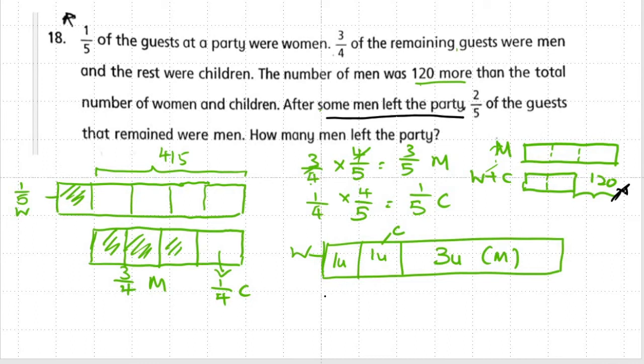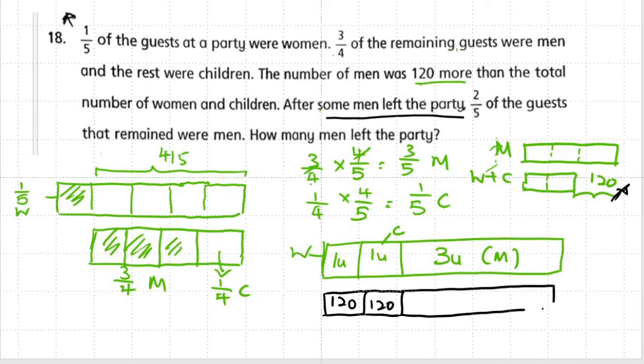So you know that over here it's 120 women, 120 children, correct? And then men in total is how many? 3 units times 120 is what? 3 times 120. Initially it is actually 360.